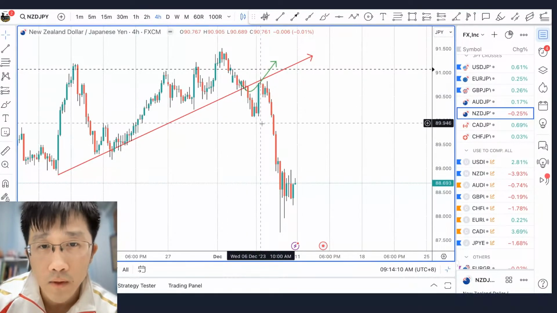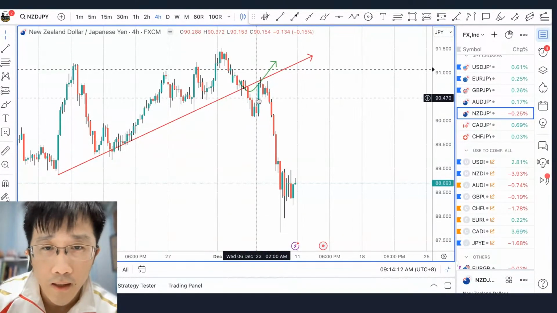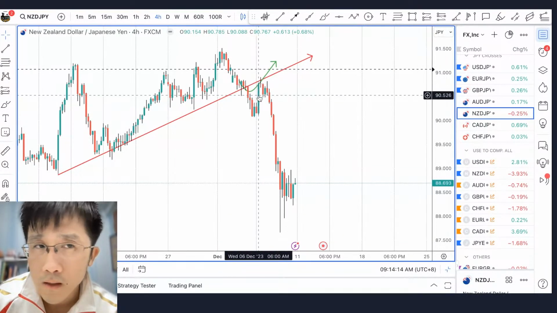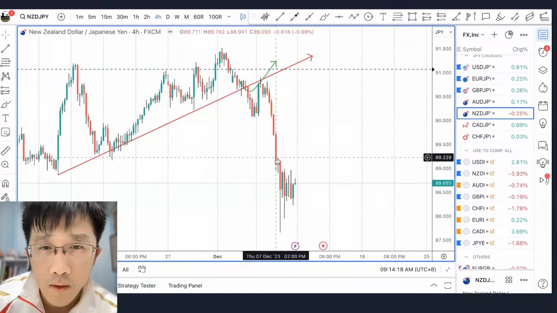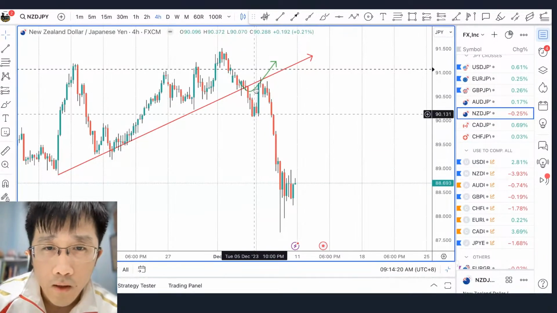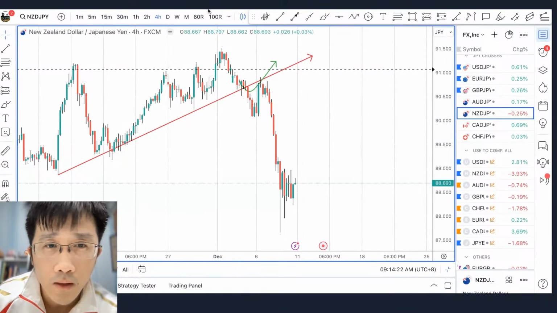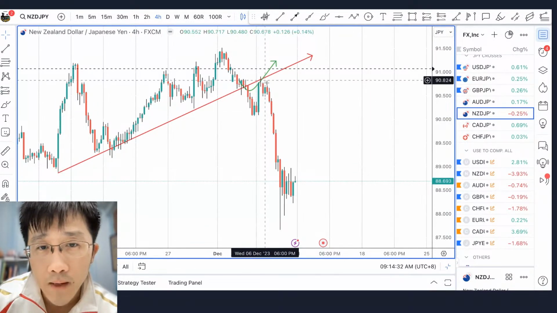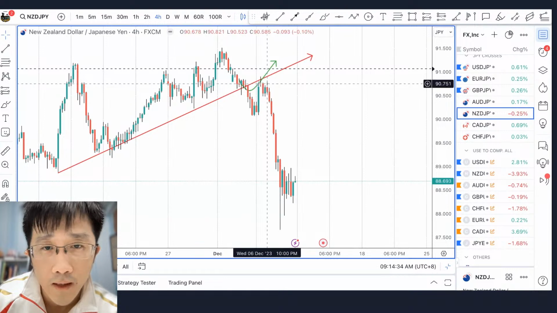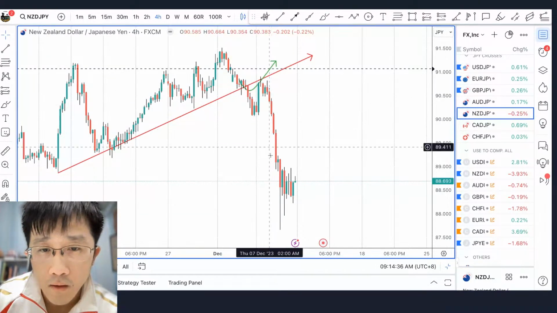Maybe this was related to a cash rate, I think the Aussie's cash rate. Anyway, it had a spike, came back to retest this uptrend line, and then all the way it came down.